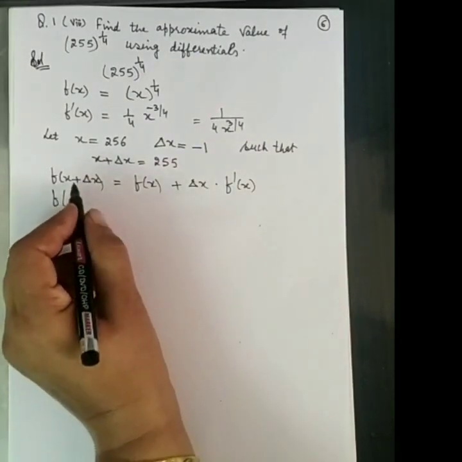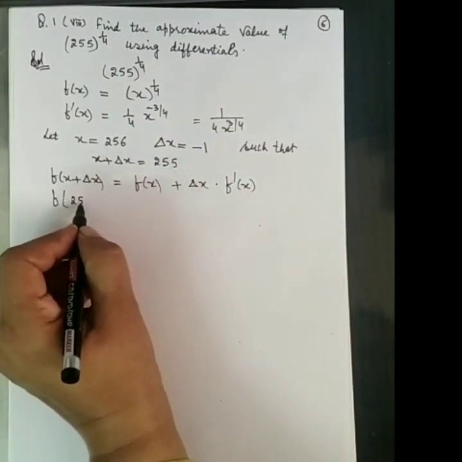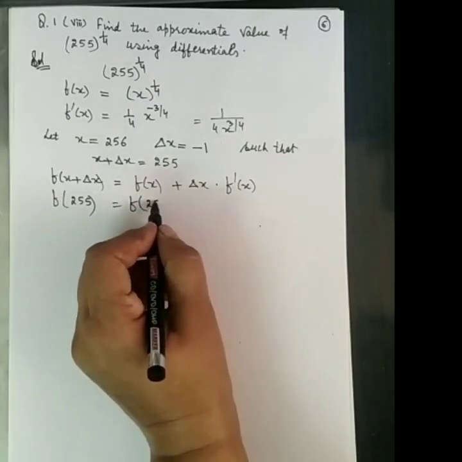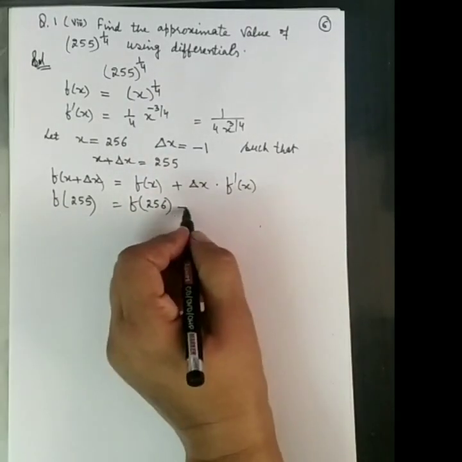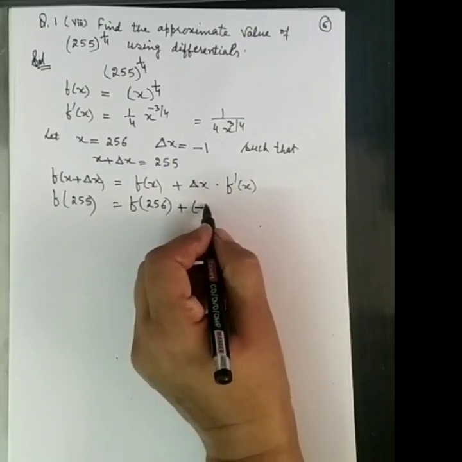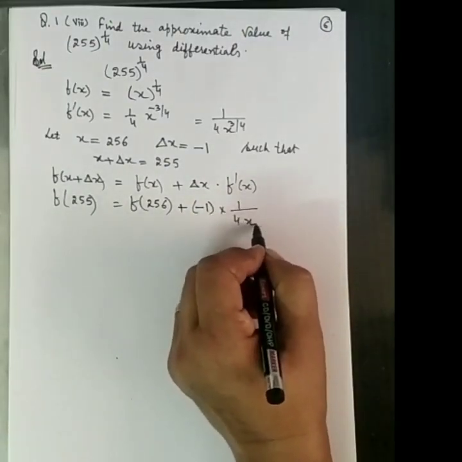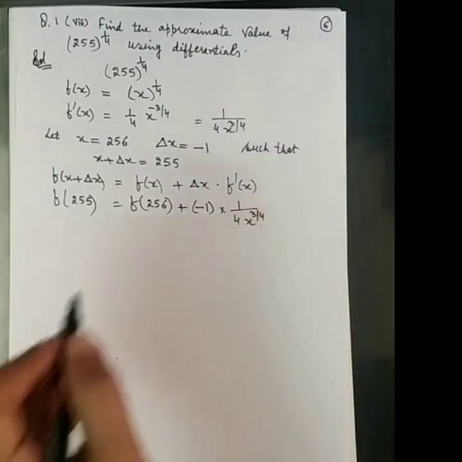So f of x plus delta x is 255, and f of x is f of 256 plus delta x is negative, so it is minus 1 into 1 upon 4 x raised to power 3 by 4.